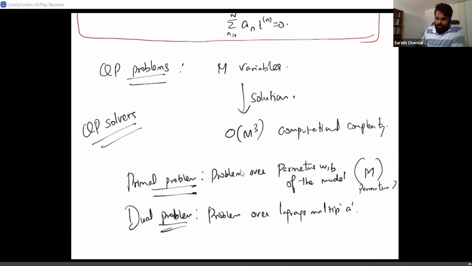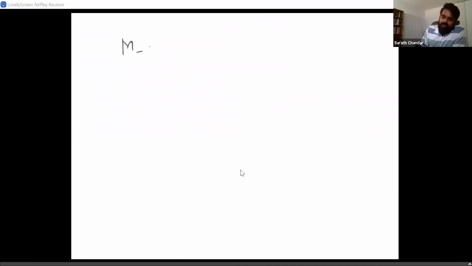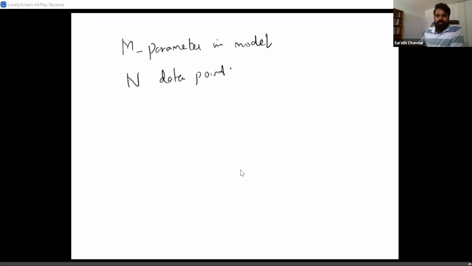Now, let's say I have a model which has m parameters, and let's say I have n examples in my data set. If the number of examples is much larger than the number of parameters, then it is easy for us to solve the primal problem.